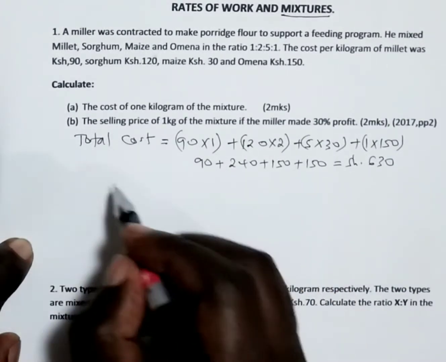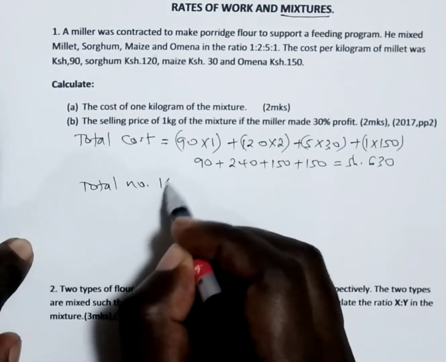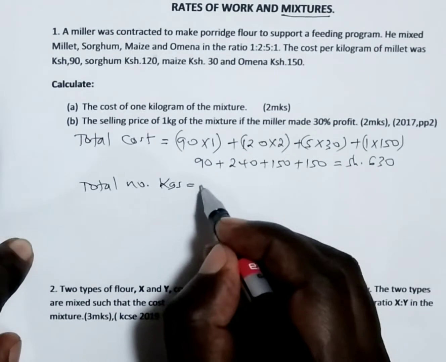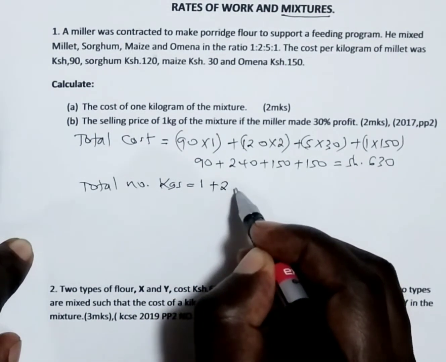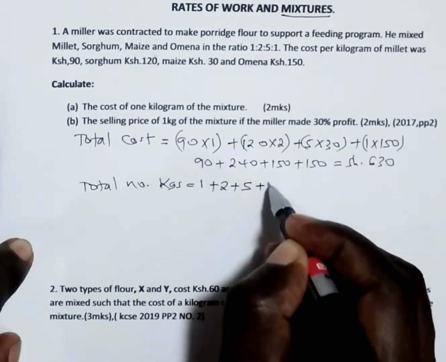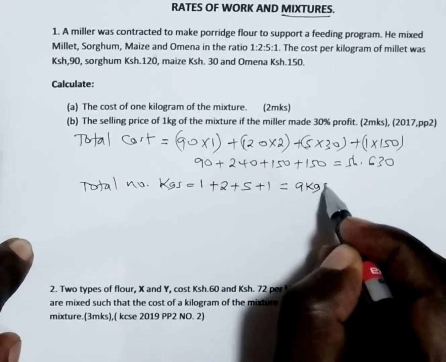Having done that, let us get the total number of kilograms. We have 1 for millet plus 2 for sorghum plus 5 for maize and 1 for omena, giving us a total of 9 kilograms.